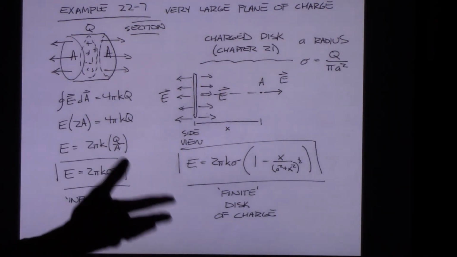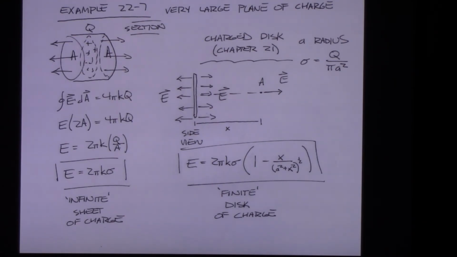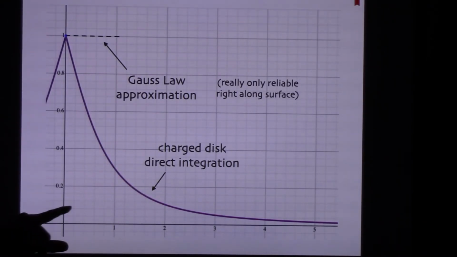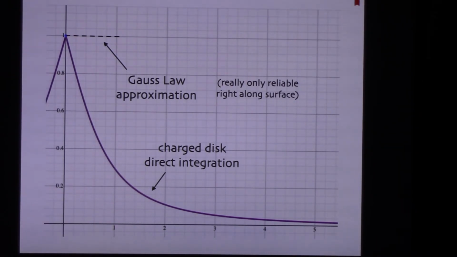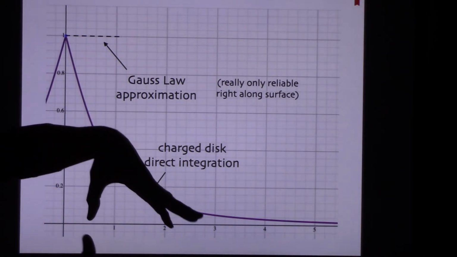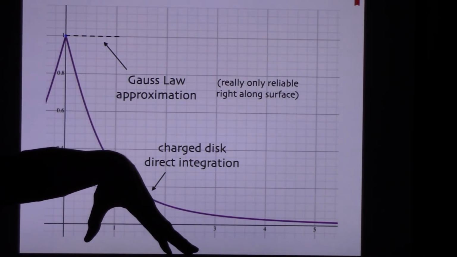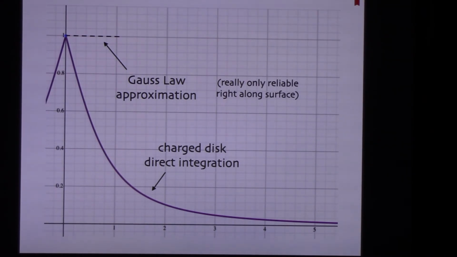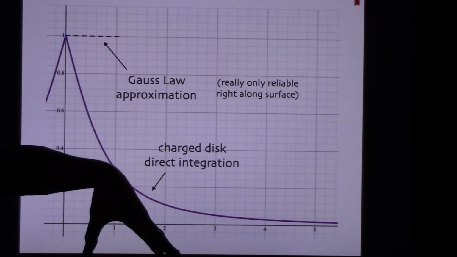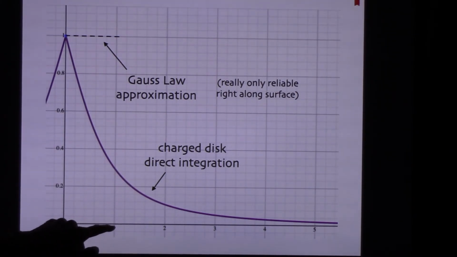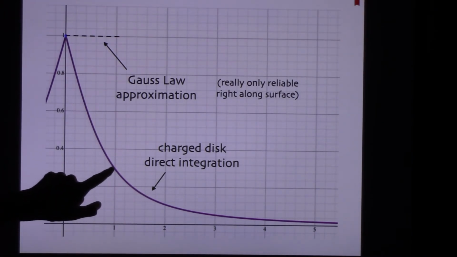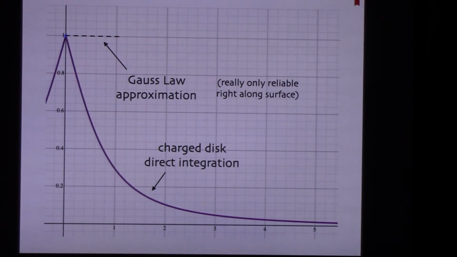What we found back in chapter 21, just as a reminder, is that the distances down here are measured in radiuses. In the example, we imagined a circular disk of charge with a diameter of 10 centimeters. So it's a 10 centimeter diameter disk, and the radius would be 5 centimeters. By the time I am 5 centimeters along the axis, my E field has dropped down to 30% of the value back at the surface.